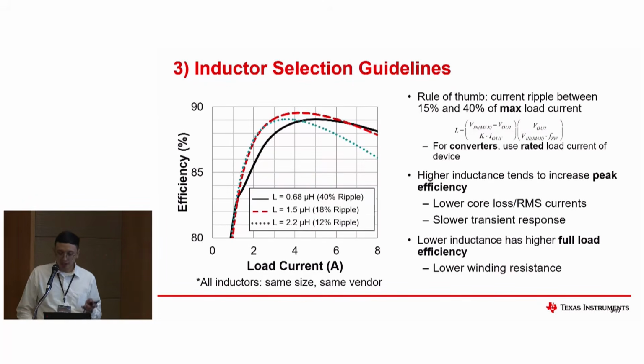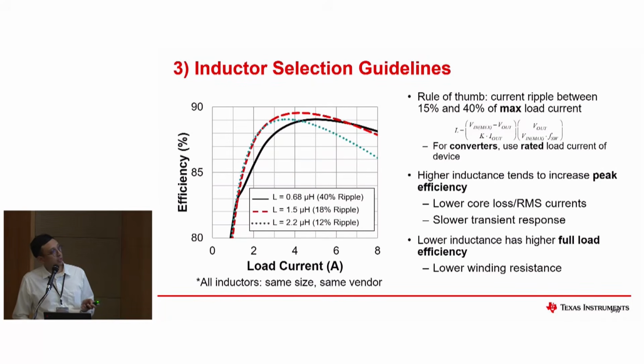And higher inductance tends to possibly increase the peak efficiency. You could see here with the higher inductance, with this 2.2 microhenry, you could get a higher peak efficiency, but higher peak efficiency with that. Yeah, I mean full load efficiency, my bad. But of course, with the higher inductance, you get the higher efficiency because of the lower core loss.